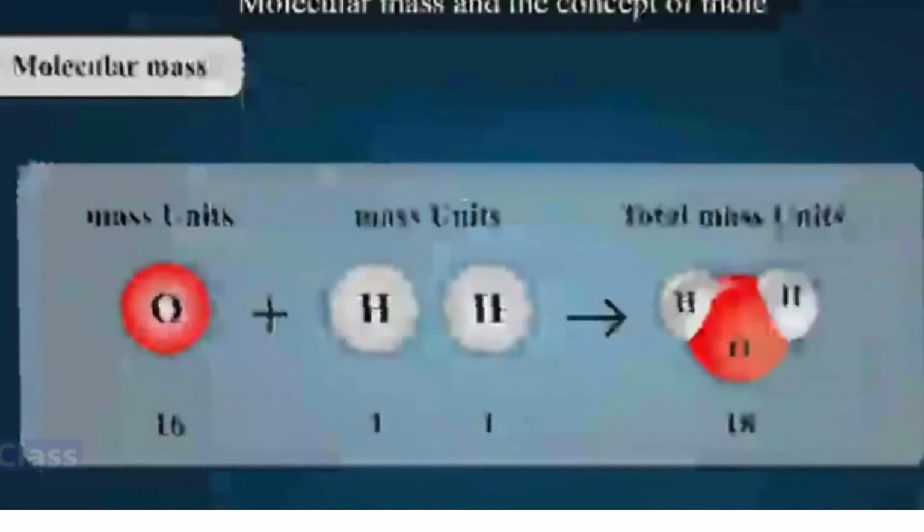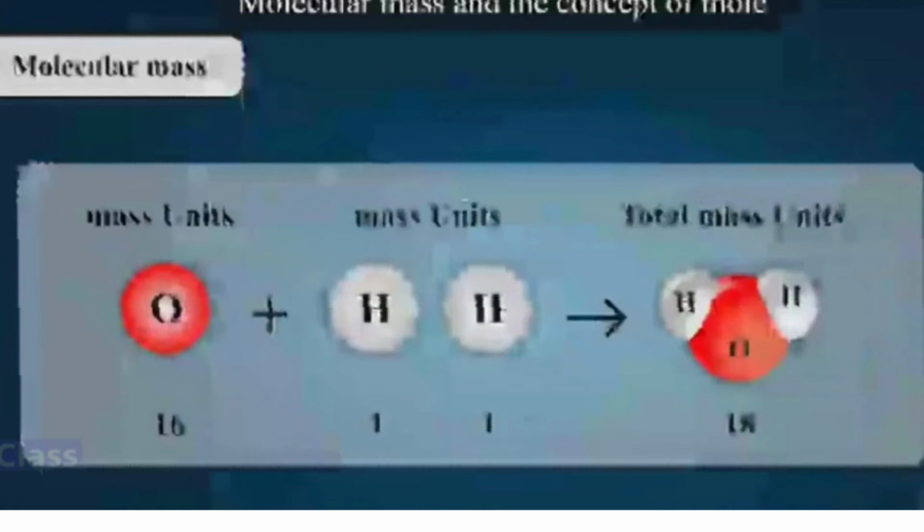16 plus 1 plus 1, which comes out to be 18. So the total molecular mass, now water is not an atom, it is a molecule with two hydrogen and one oxygen.